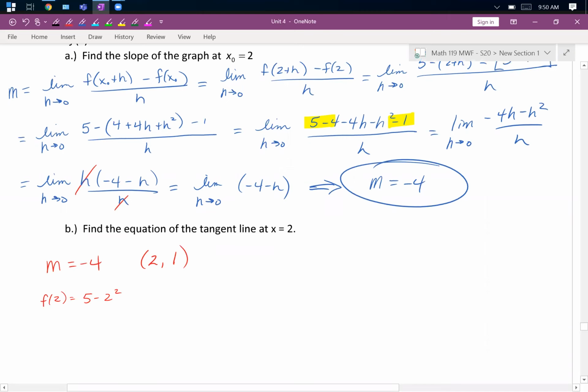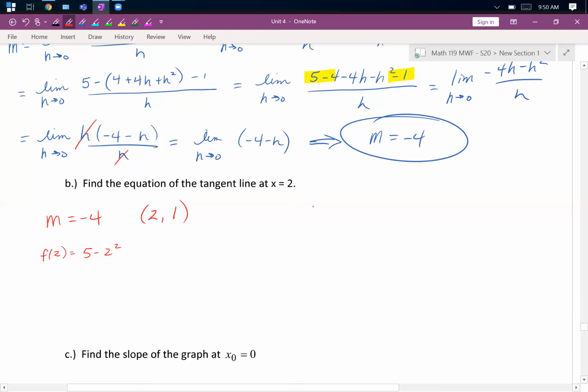And we just have to write the equation of a line. Use the technique of your choice. I always prefer slope intercept form. Nope, point slope form.